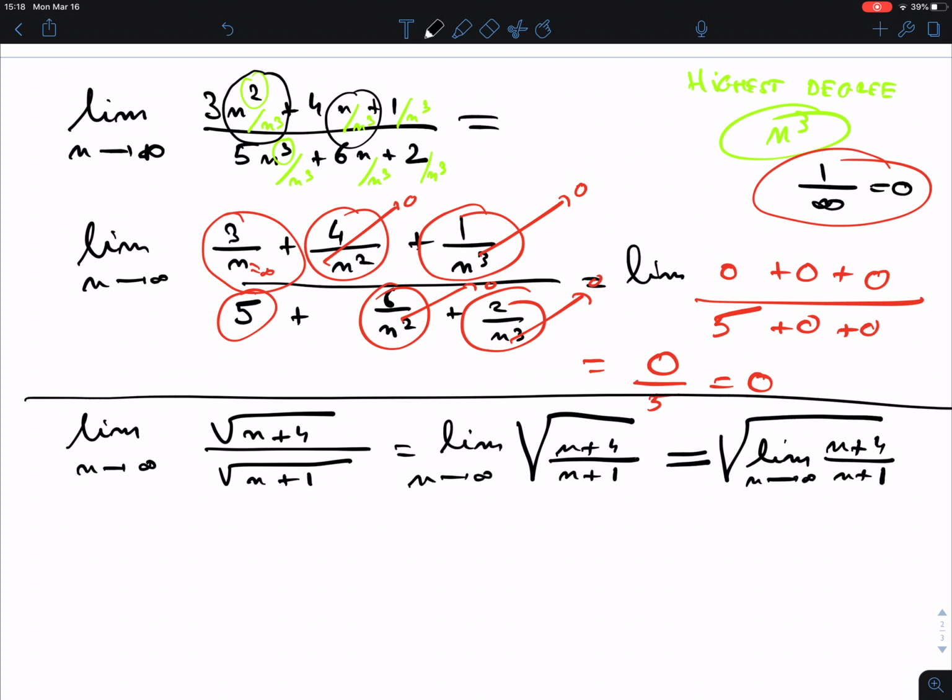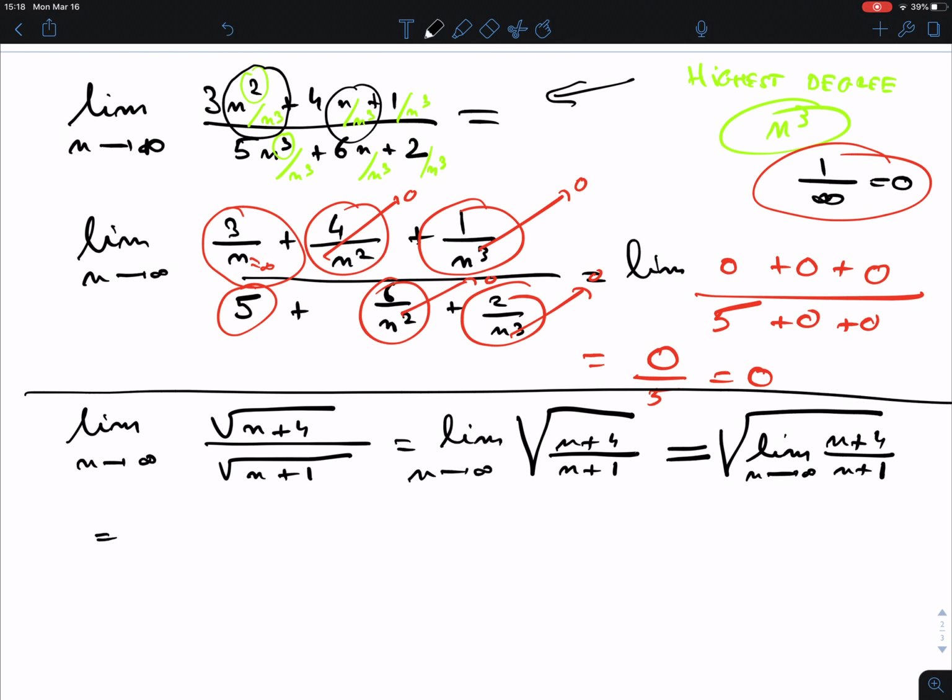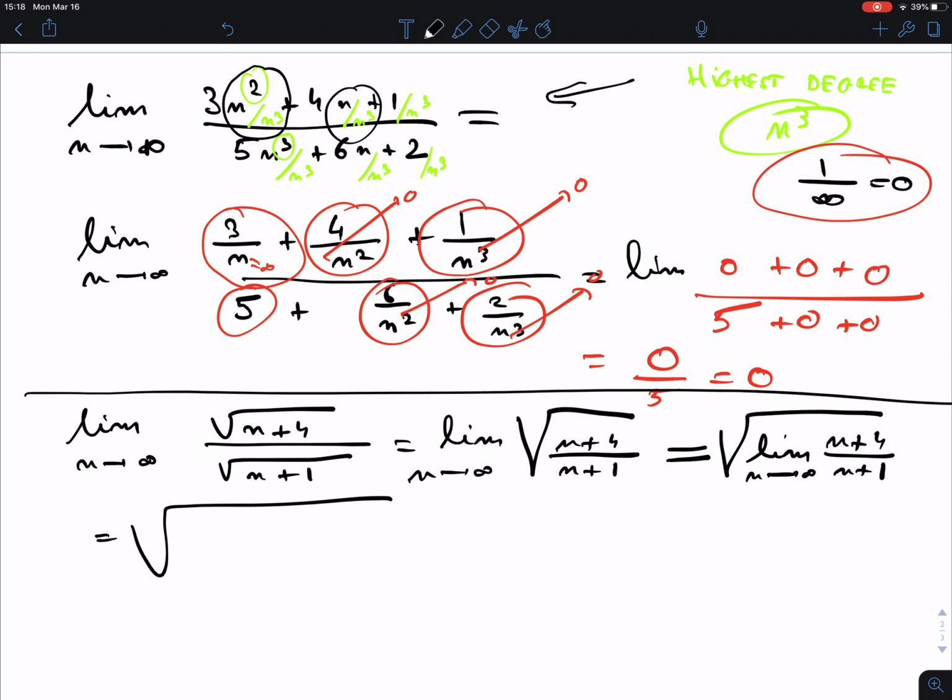And now this limit is again a rational function, so we do the same thing as last time. The radical of the limit for n going to infinity, and I'm going to divide everything by n, since that's the highest degree here.